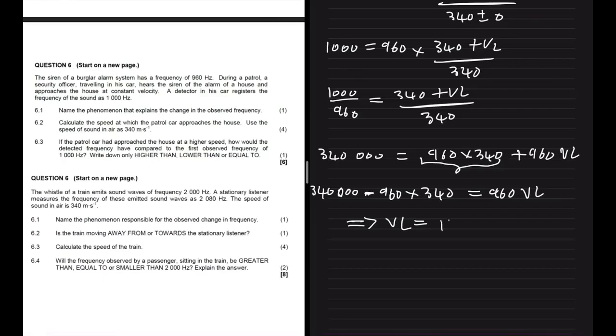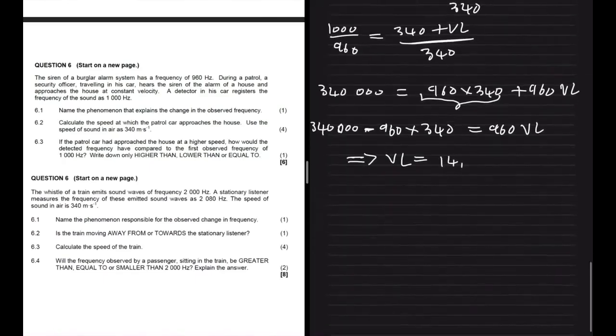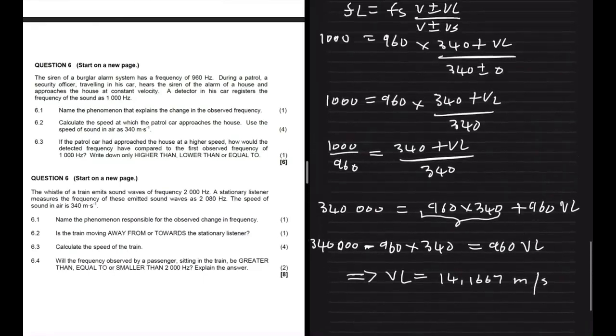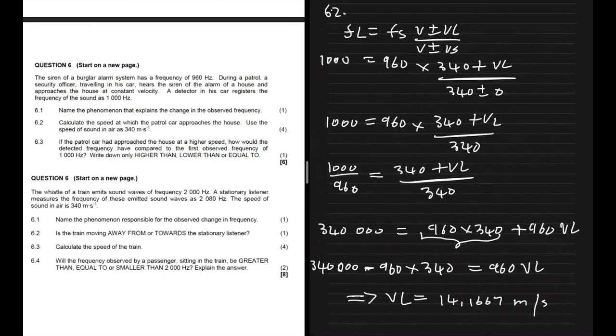So that is 14.1667 meters per second. Yeah, we stick to the basics again. We write down the information we have, we sub in, and then we solve for the variable.